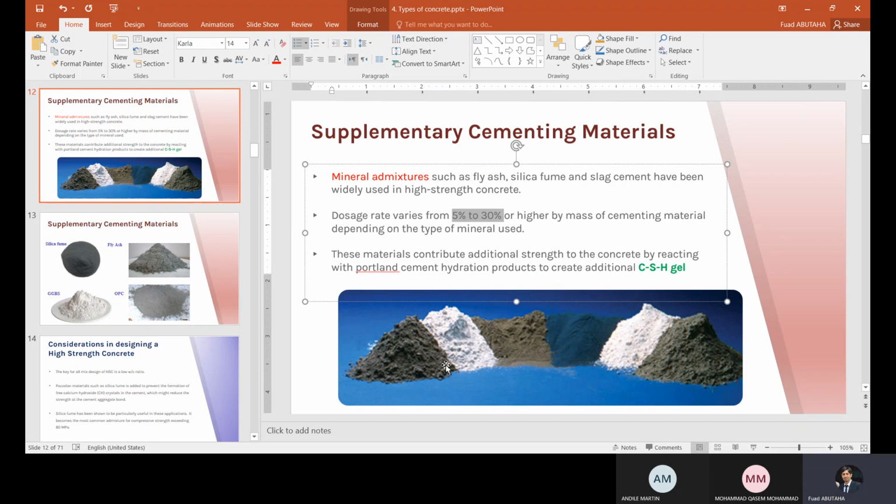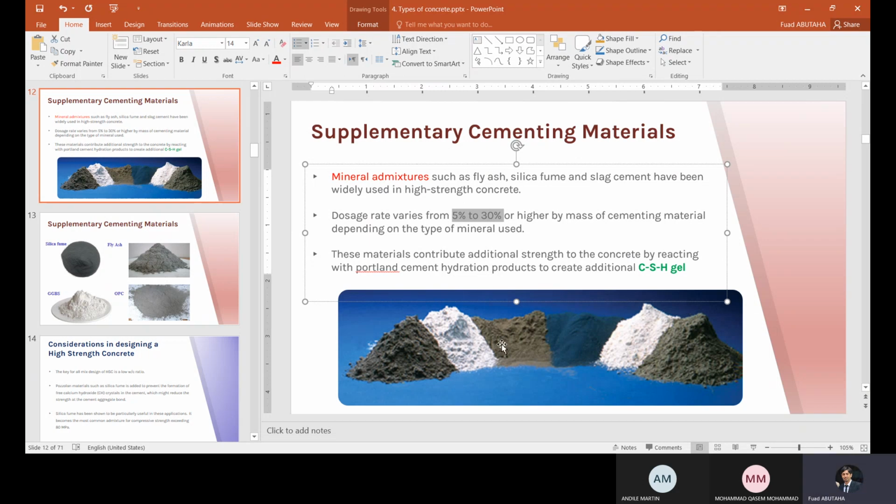I can take up to 15%, I can replace 20%, 30%. So the percentage is ranging and it's different from one type to another.